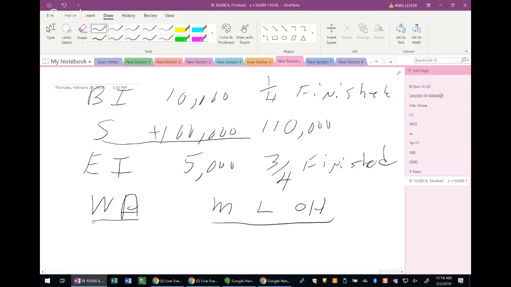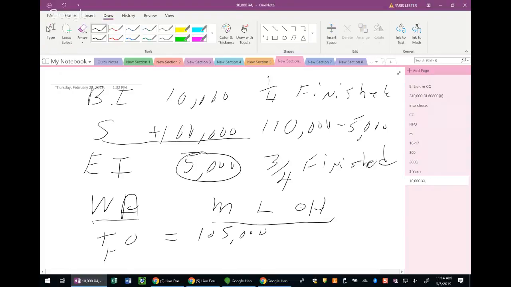Now, how many of those 110 do we have left? So how many did we finish then or transfer out? Right, and that's what's important. So on the weighted average method, all you need is transferred out, which is equal to 105.